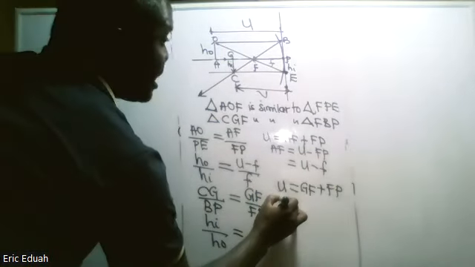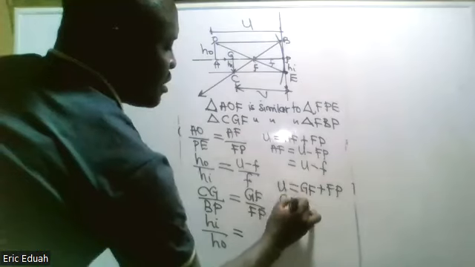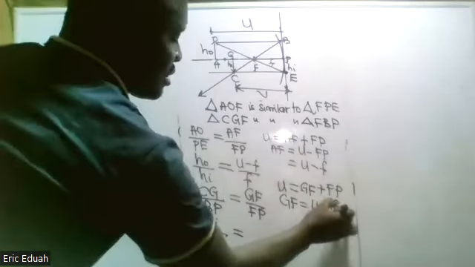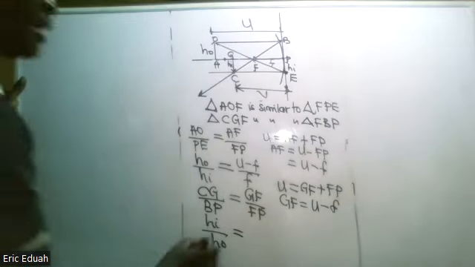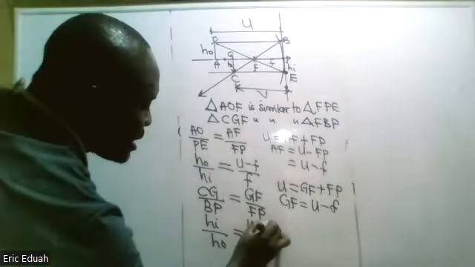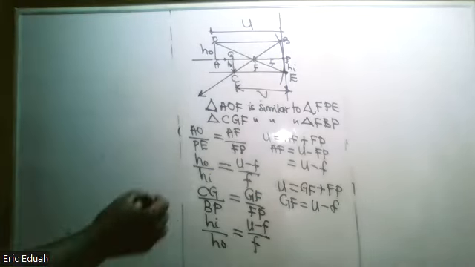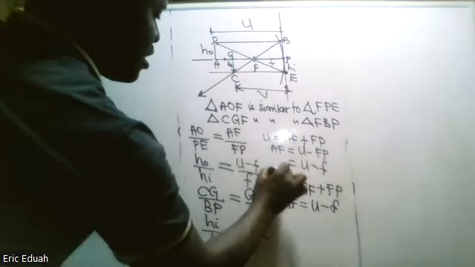Making JF the subject, you have U minus FP is F. So you substitute it there. U minus F over F. So you have this as equation 1. You have this as equation 2.